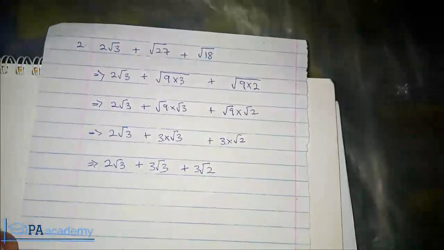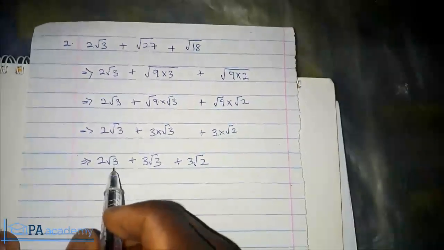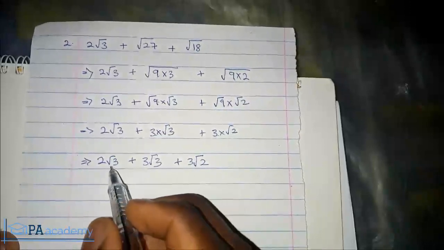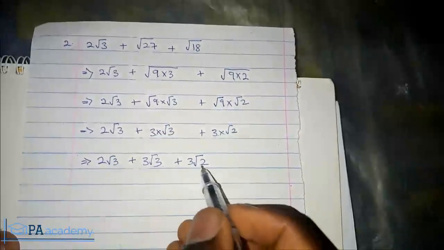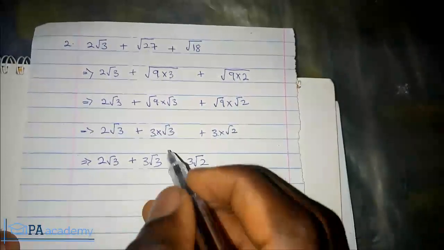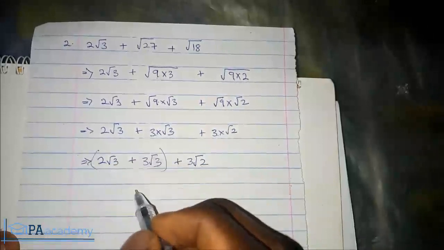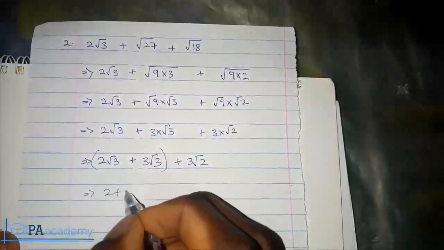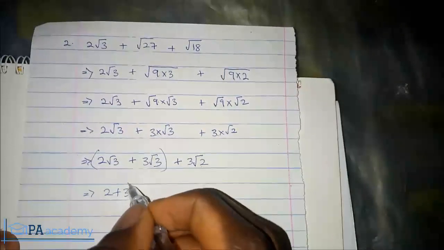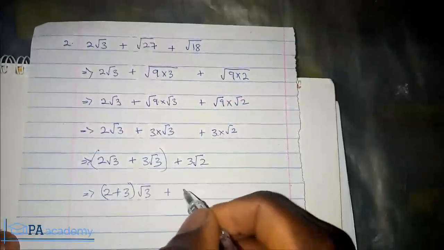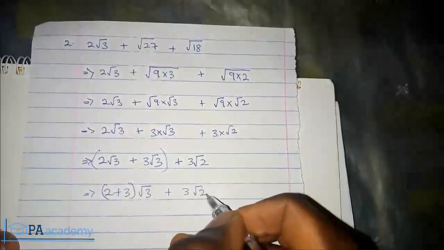Now if you look at this question closely, you see that unlike example 1 where we have all of them as root 2, right here we have root 3 and root 2. So the ones that are the same roots, we'll put them together, which is this. So we have it as 2 plus 3, let's put in a bracket, root 3 plus 3 root 2.